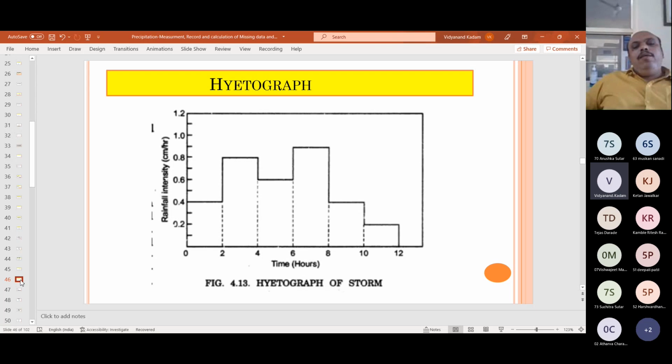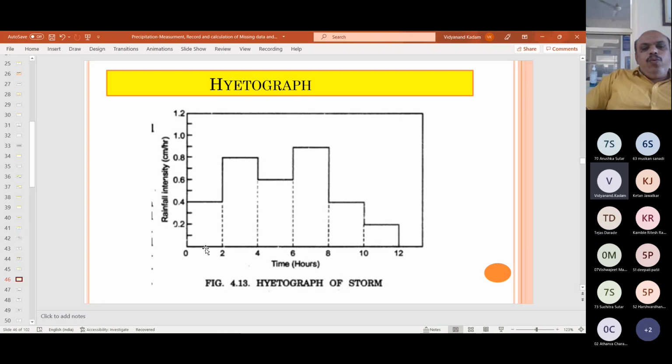If the time interval chosen is 2 hours, then for each 2 hours the rainfall intensity is different. In this graph, rainfall intensity is on the y-axis and time is on the x-axis. Rainfall intensity is given in centimeter per hour.